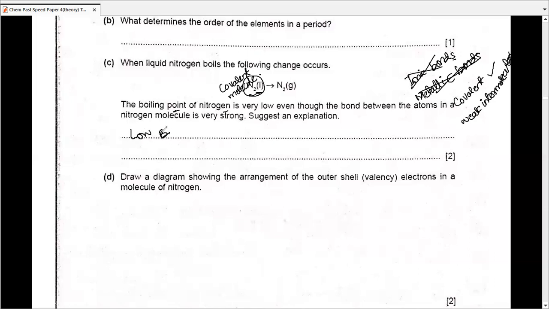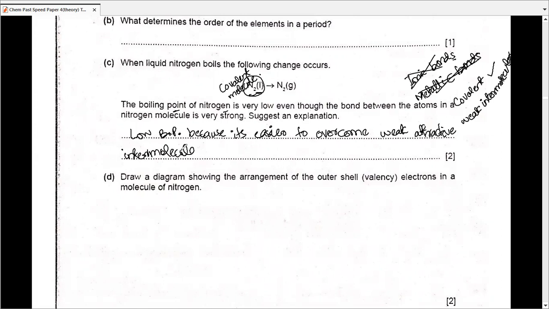Low boiling point because it's easier to overcome weak attractive intermolecular forces between small molecules, small N2 molecules, through heat, right?